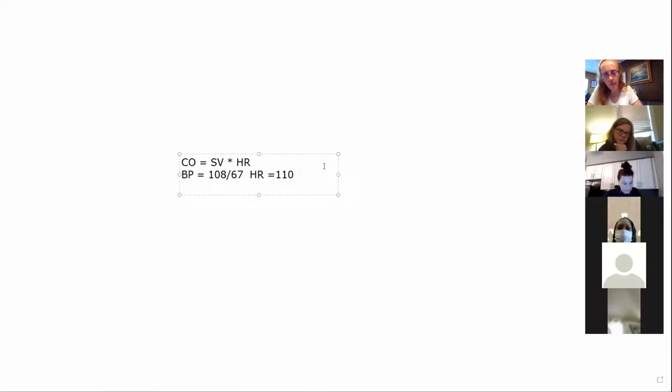So cardiac output is approximately 5 liters. Stroke volume is the one we don't know right now.